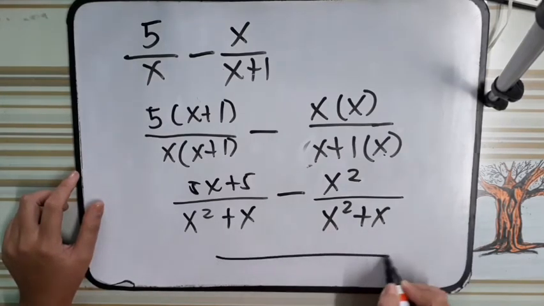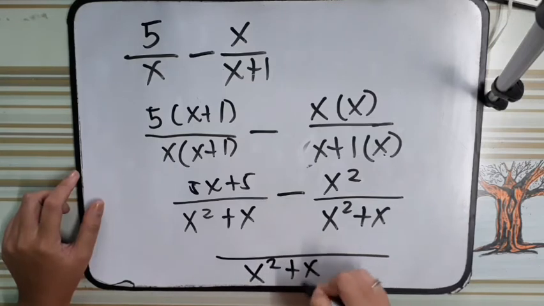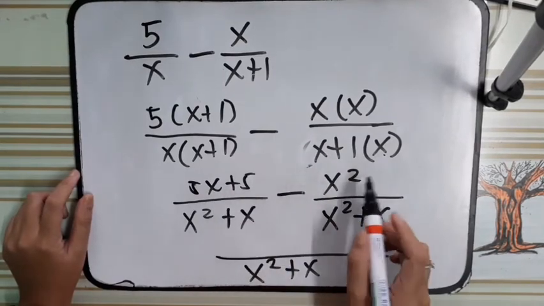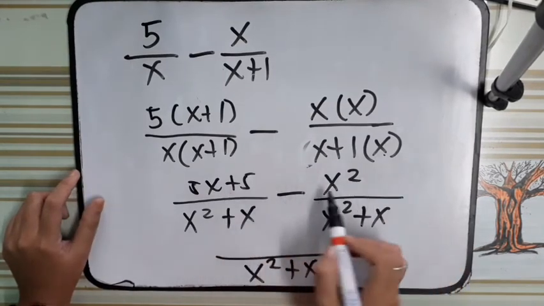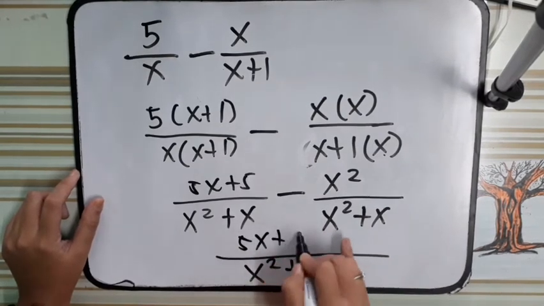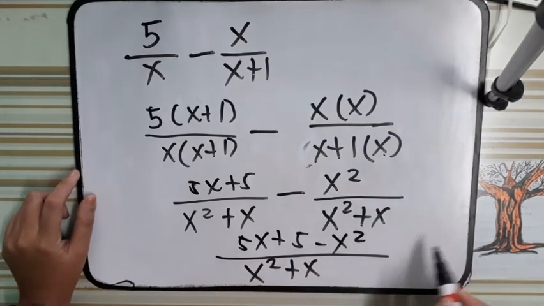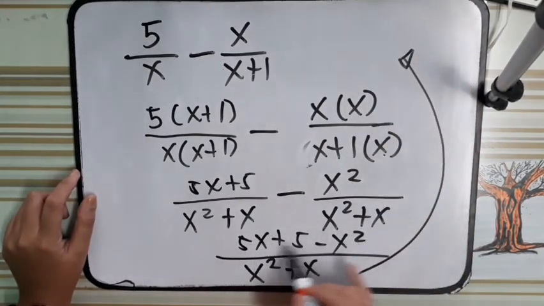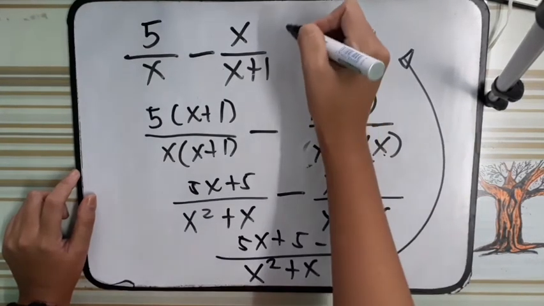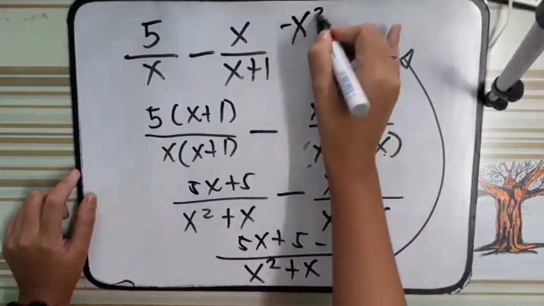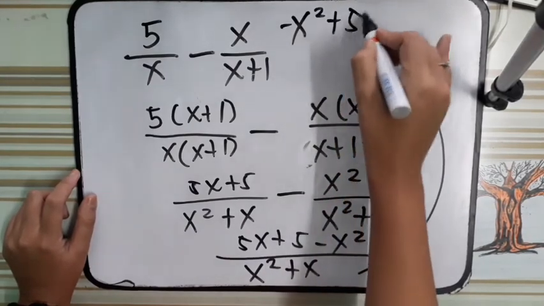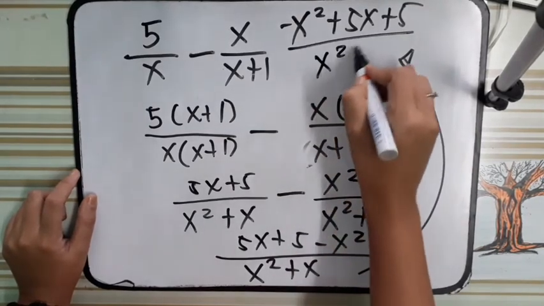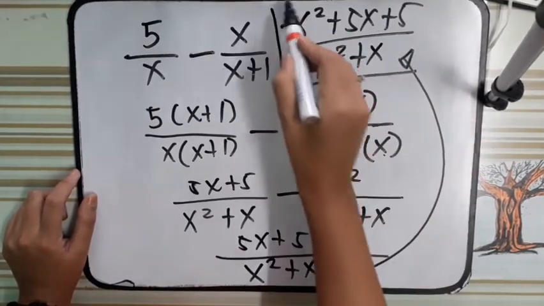So let's copy the denominator, x squared plus x. Then afterwards, we need to proceed on subtracting our numerators. So we have 5x plus 5 minus x squared. Now we can rewrite it by arranging our terms from lowest to highest degree. So this will become negative x squared plus 5x plus 5 over x squared plus x. That will be the answer.